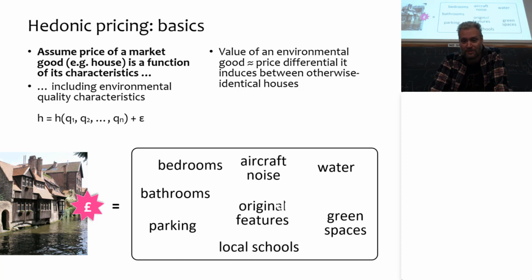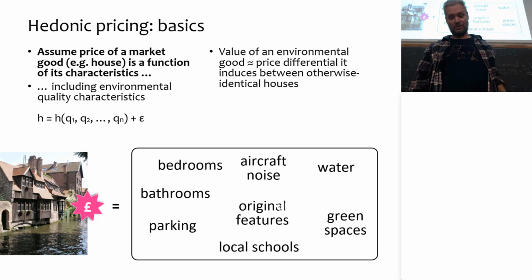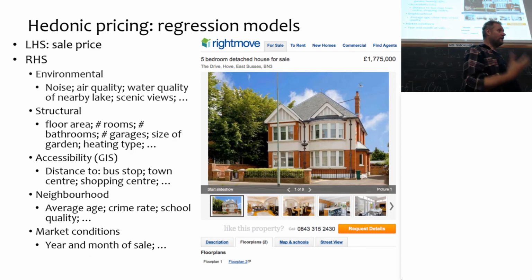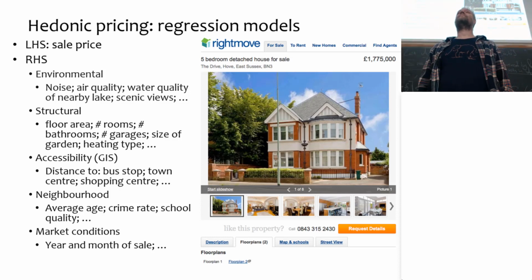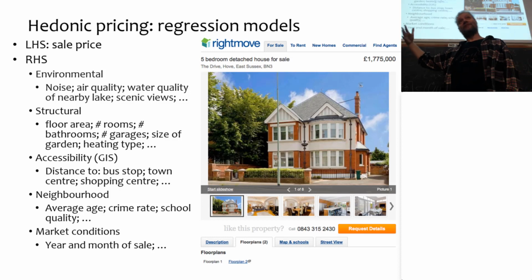It's one of the Q's, and that means that you can manipulate that Q and see what this would do to the price of the house. So on the regressions that go in here, on the left hand side you have the price of the sale, and then on the right hand side you have a range of environmental characteristics, noise, air quality, and so on and so forth.